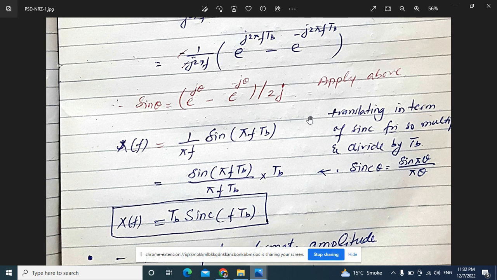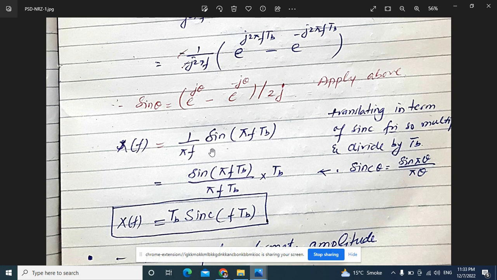If we want to translate this function in terms of a sinc function, then you have to multiply and divide by TB, so that you can have the extra term TB here. Because in sin pi f TB, pi f is already there, but TB is missing.